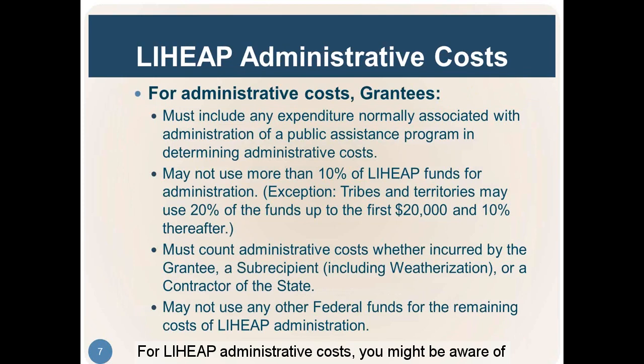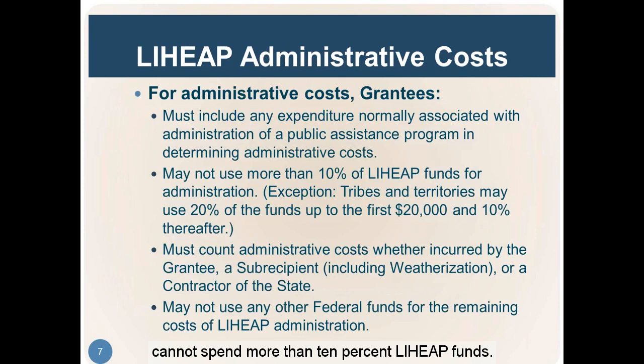Okay, for LIHEAP administrative costs. You might be aware of these, not might be, but as we make our way around the nation and do our programmatic and fiscal monitoring of your programs, we frequently talk about administrative costs. And so one thing we always stress, and grantees repeat back to us, is yeah, we cannot spend more than 10% of LIHEAP funds.